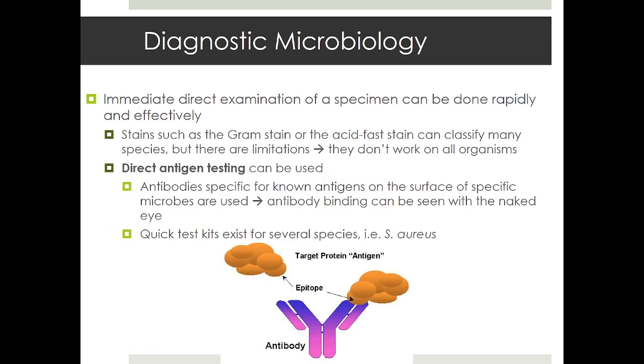You may have heard of rapid antigen testing, and this is done using something called antibodies. Antibodies are proteins that we can make synthetically in the laboratory that identify very specifically proteins. These proteins are usually going to be part of a bacterial cell's anatomy, something that they'll always have.